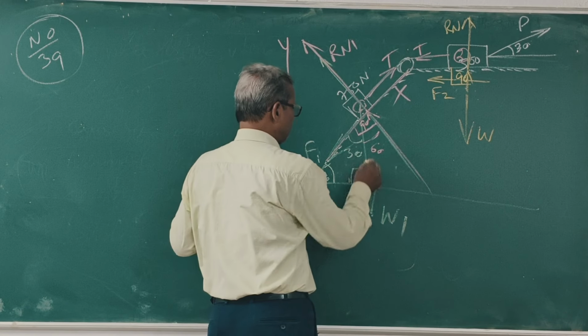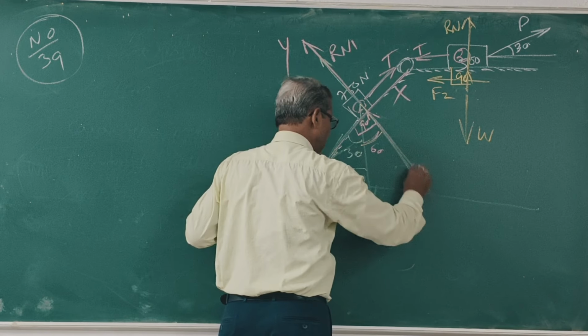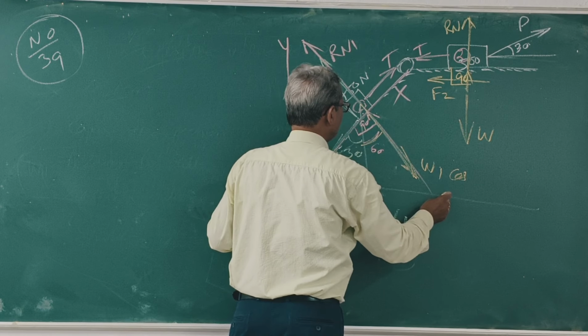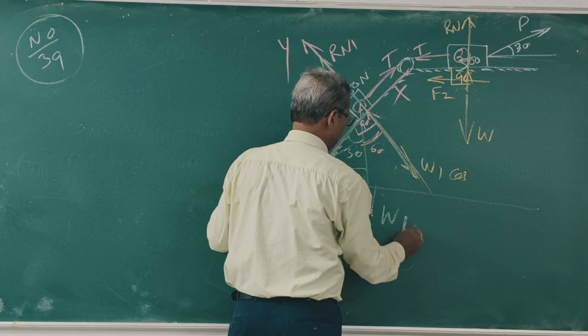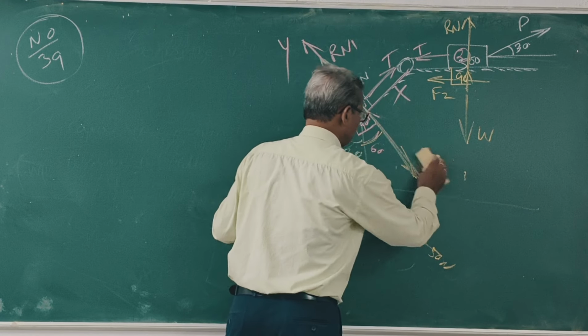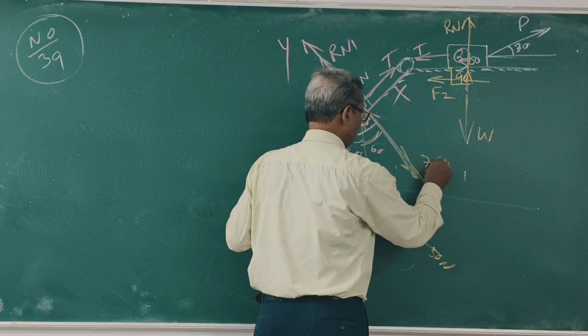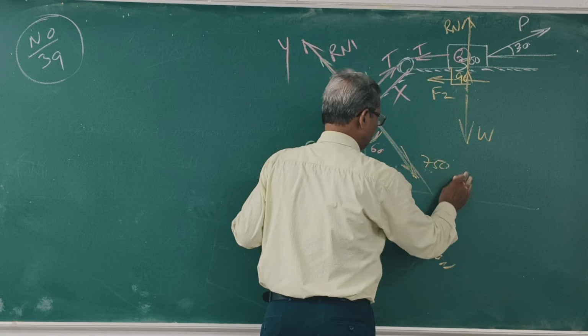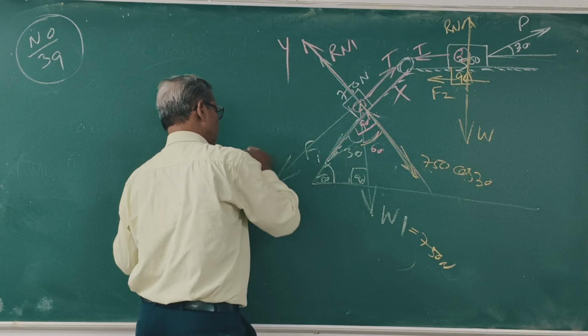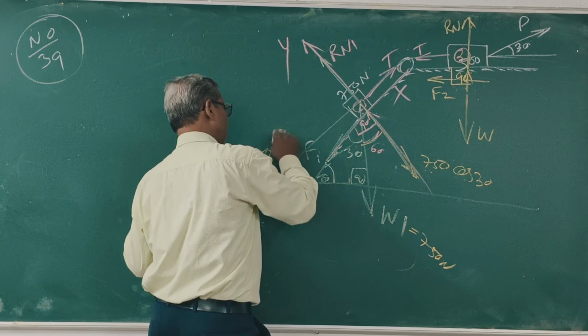So what is this force? W1, or 750, W1 means 750. Clear? So 750 cos 30, this is 750 sin 30.